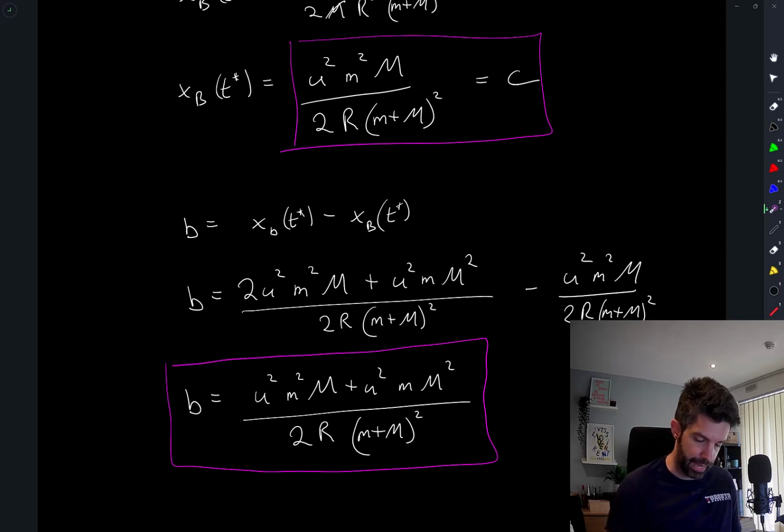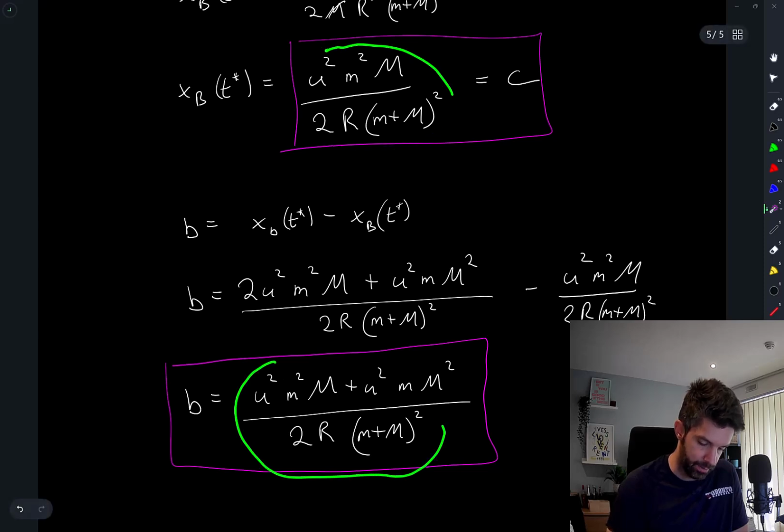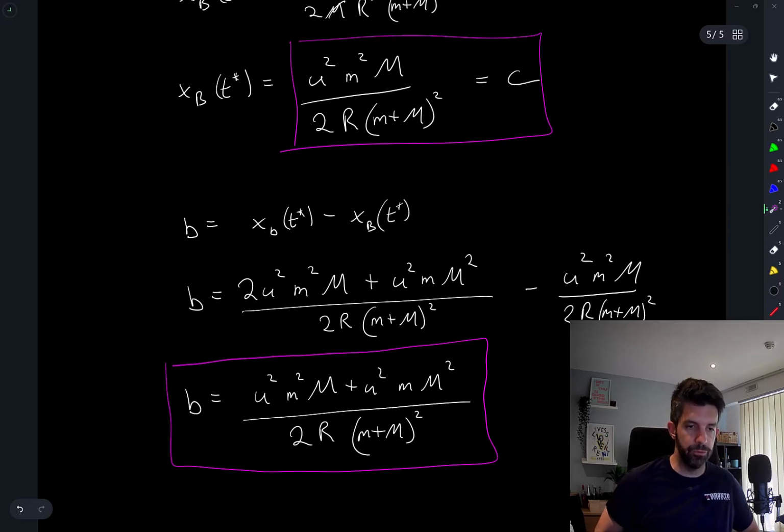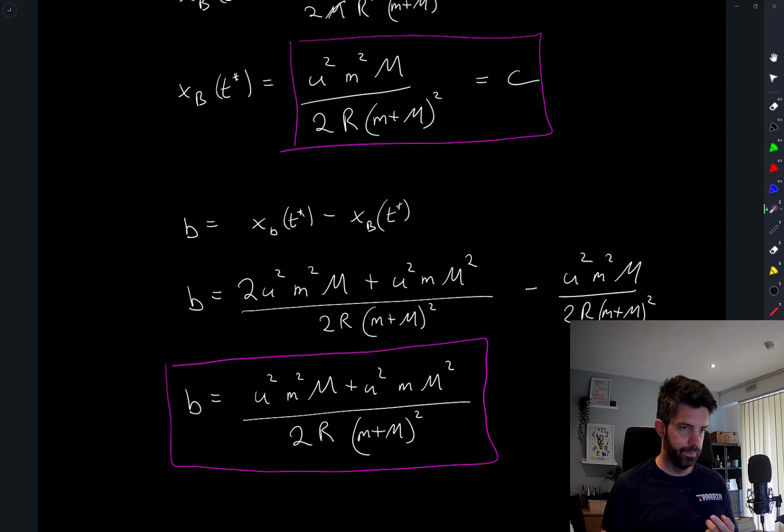Something we do see is that the distance that the block moves is contained within this quantity here. So the bullet moves a distance which is strictly greater than the distance that the block moves. Again, these are absolute distances relative to the fixed reference point, and that makes sense, right? As soon as the bullet enters the block, any movement that the block has forward the bullet sort of picks up that movement as well.